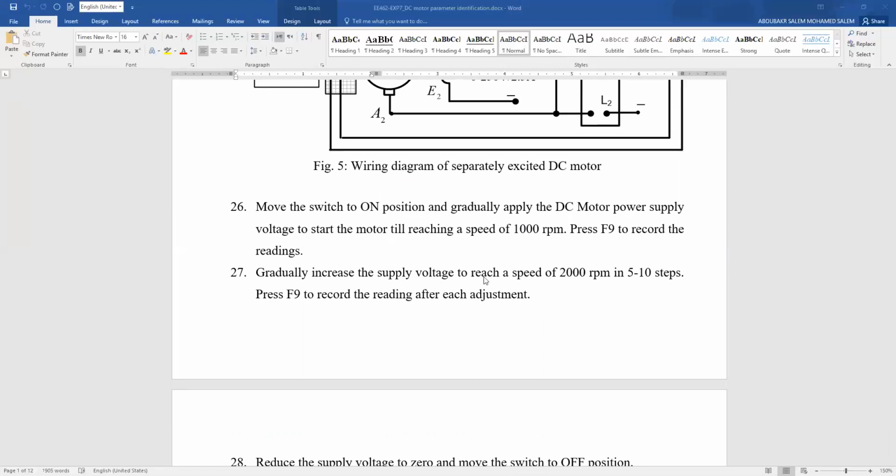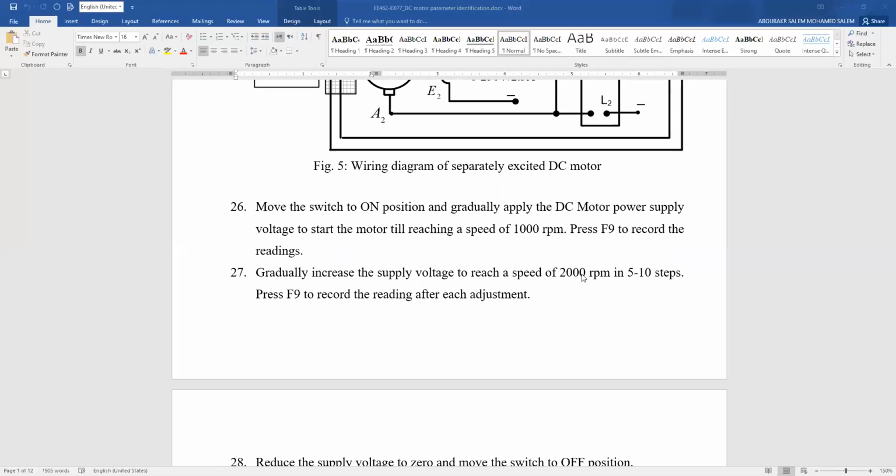Gradually increase the supply voltage to reach a speed of 2000 RPM in 5 to 10 steps. So we will press F9 for 5 to 10 steps and record the points manually.